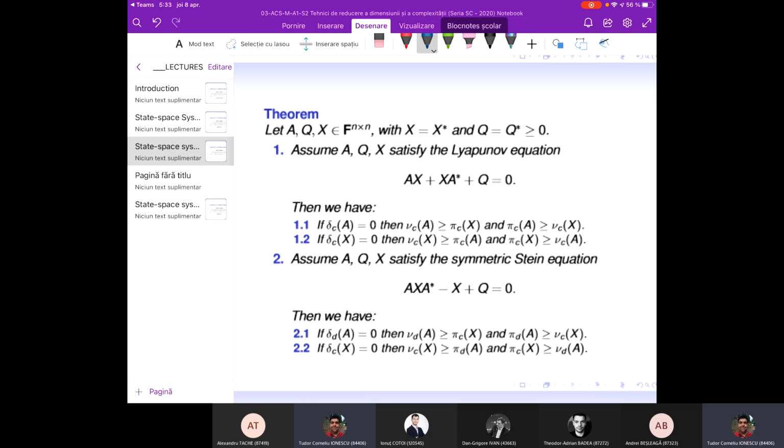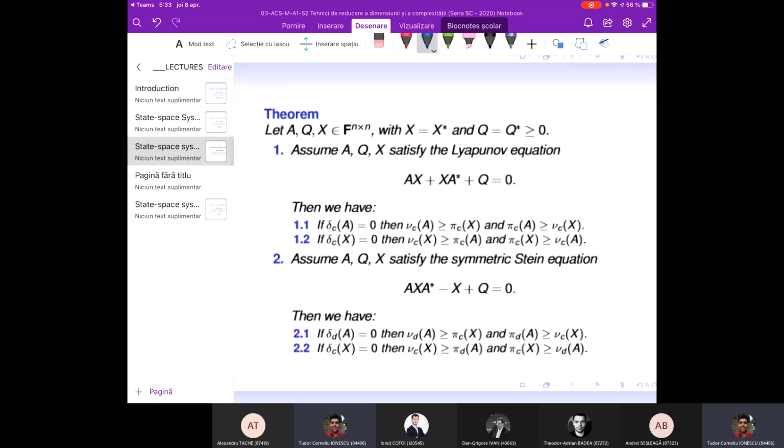So what is this result showing us? It's showing how many positive and negative eigenvalues your matrix has once you have X satisfying this Lyapunov equation.